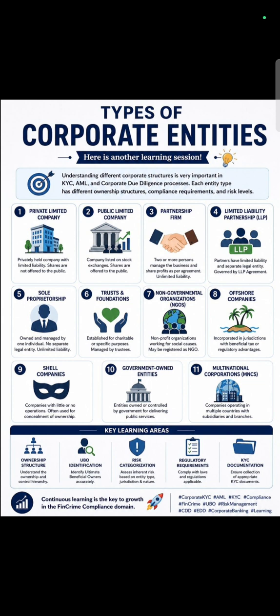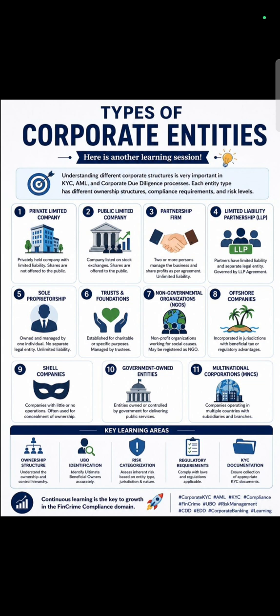Second is UBO identification. Identifying the ultimate beneficial owner accurately is the most important thing in the AML KYC process. Third is risk categories. So as per the entity, as per the customer type, we need to assess the risk of that client.